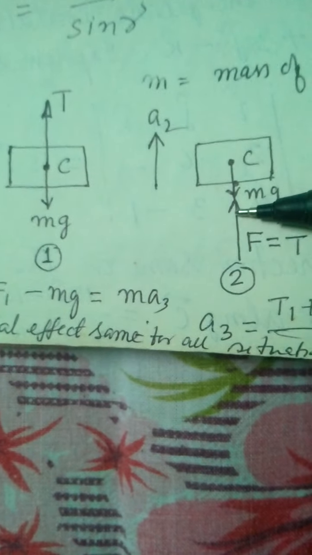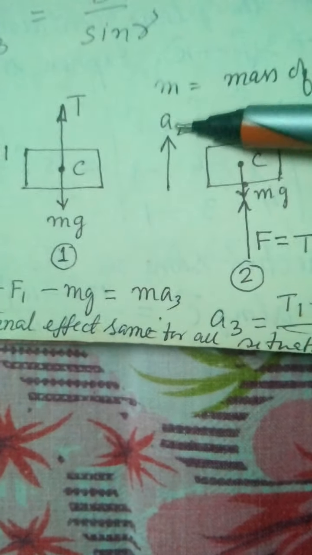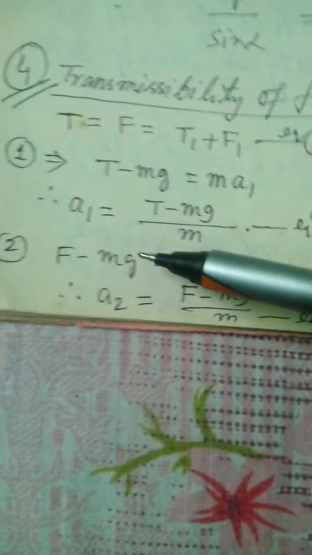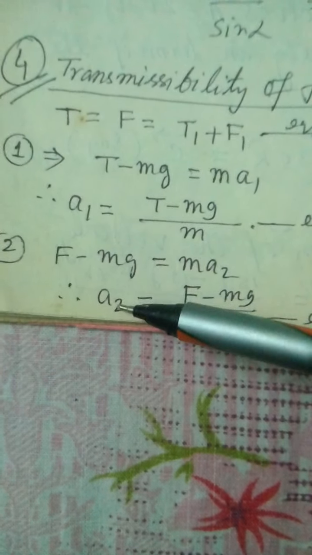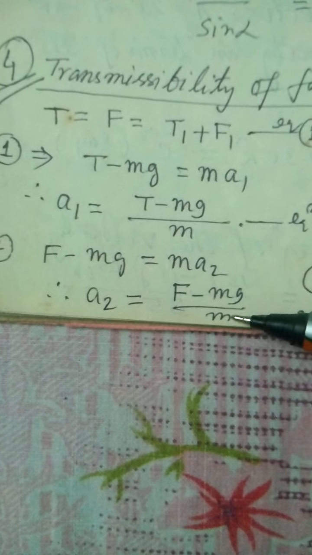Equation number 3, here F minus mg will be equal to mass into acceleration. So F minus mg is equal to mass into a2, so a2 is equal to (F minus mg) by m.